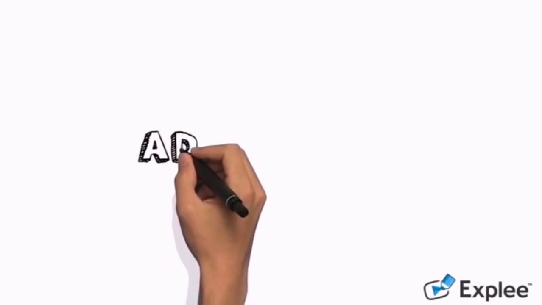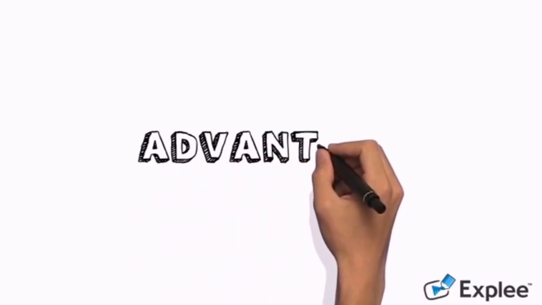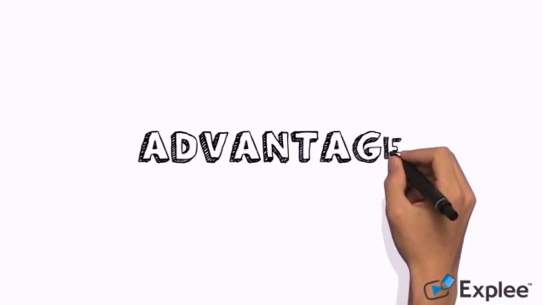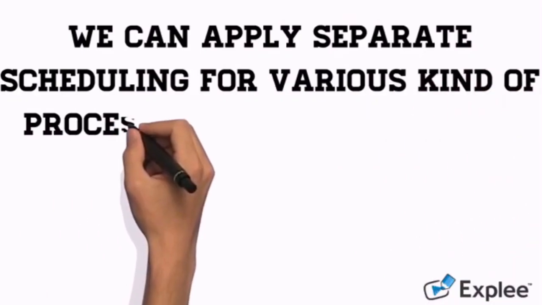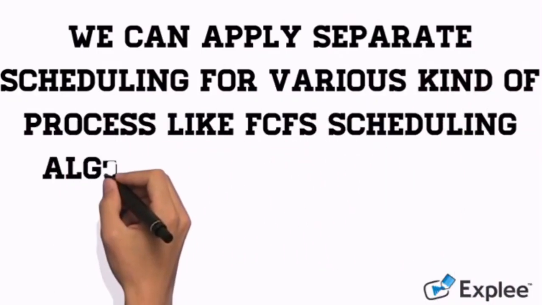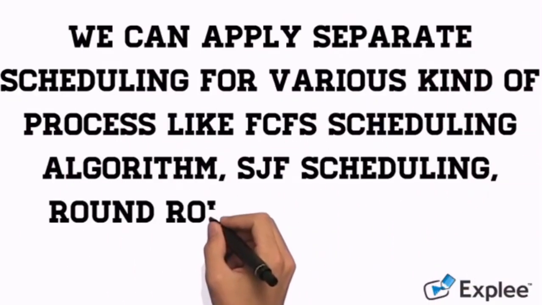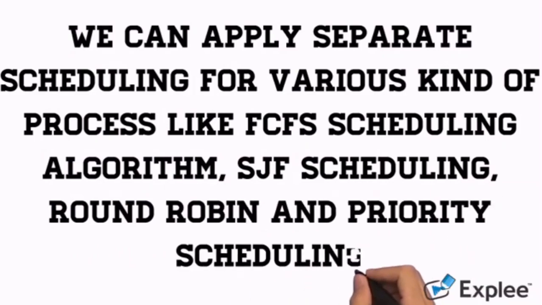And we do have priority. By the way, what is the advantage of using multi-level queue? We can apply separate scheduling for various kinds of process, for example, FCFS, SJF, round robin, and priority scheduling.